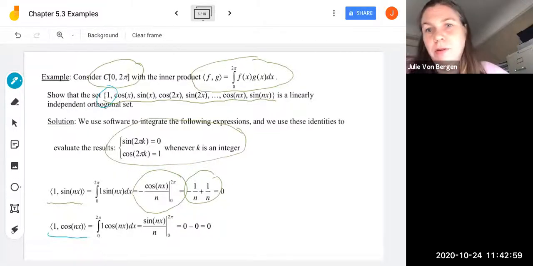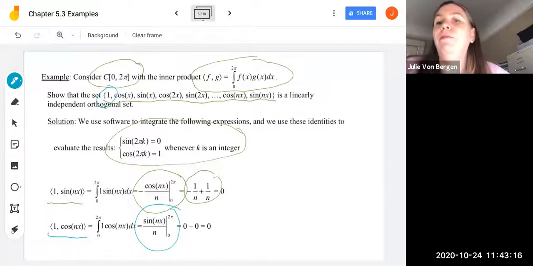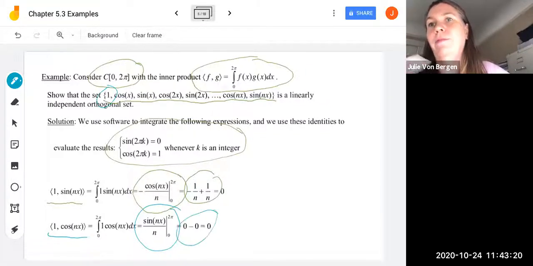The bounds of the integral are 0 to 2 pi, and we have 1 times cosine nx, or just cosine nx. We know from u substitution that the integral of cosine nx is sine nx over n, evaluated from 0 to 2 pi. Those are just zeros, so we get a 0 here.